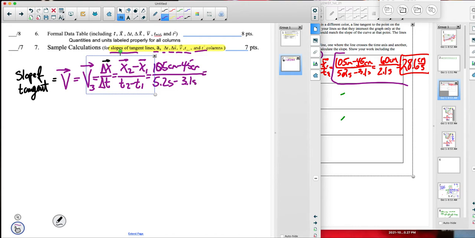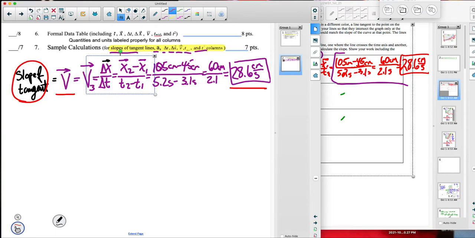The top ends up being 60 centimeters divided by 2.1 seconds, which turned out to be 28.6 centimeters per second. I'm going to go ahead and box that. So what did we say here? We said we were trying to calculate instantaneous velocities, which is what the slopes of the tangent lines give us. And we got one specific example. That's just one slope. You don't have to do every single slope of tangent lines, just one example.